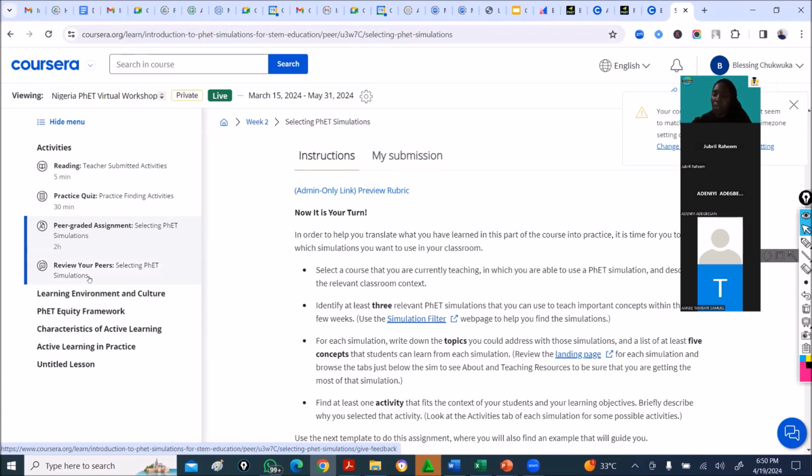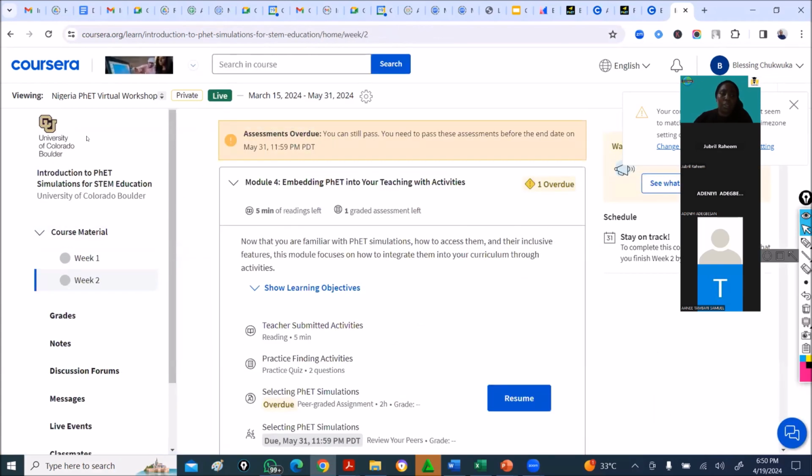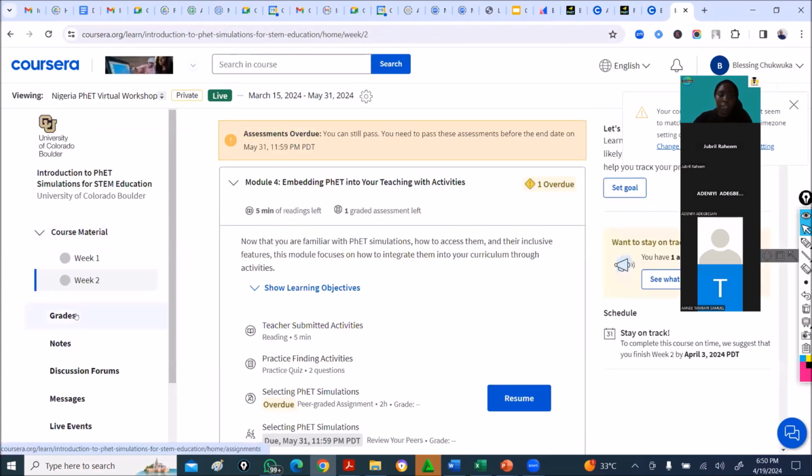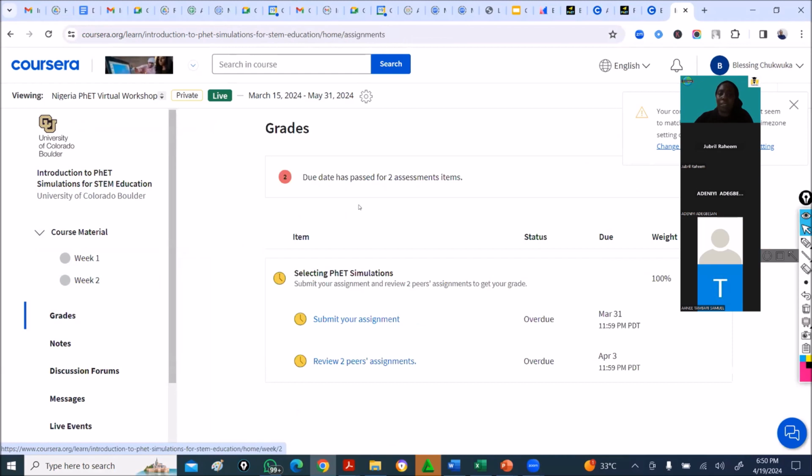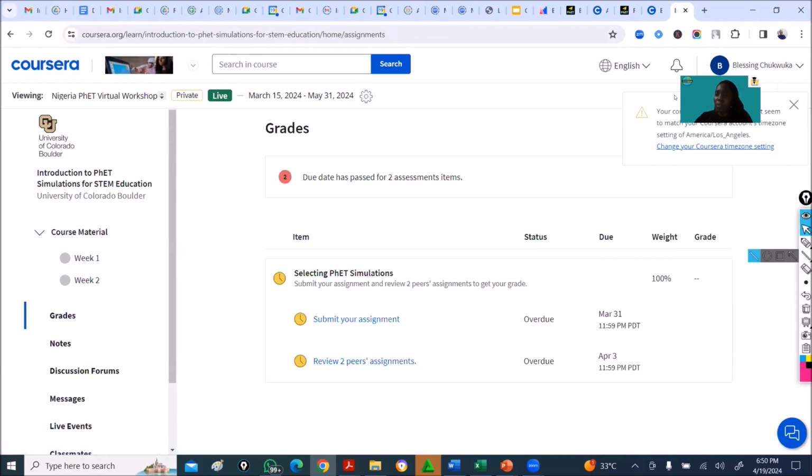Just follow the instructions. You review 3 people's work, then you are done. To know if you are done, you can always come back to this place and check your grades. This is where it will show you 100% or not.